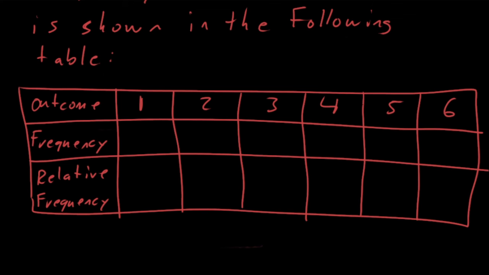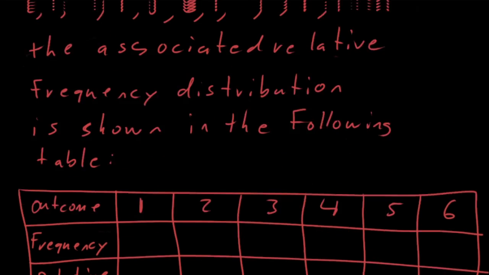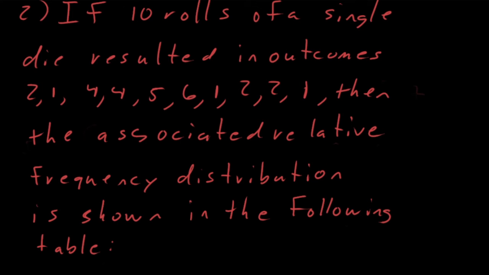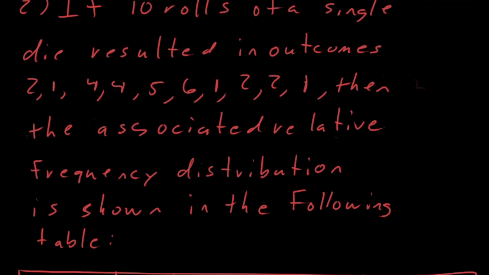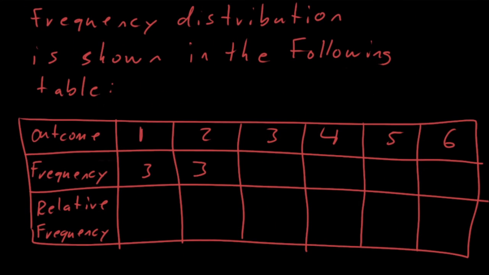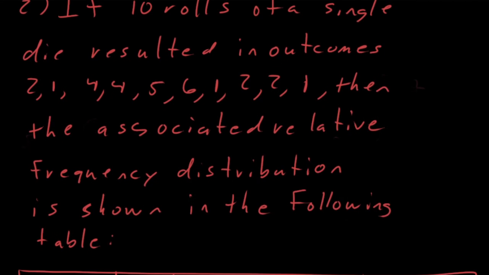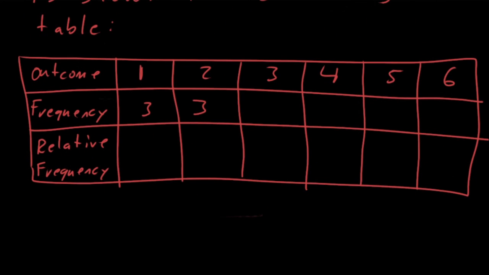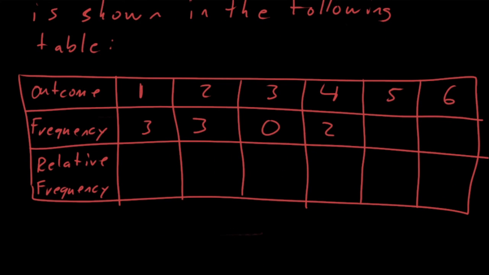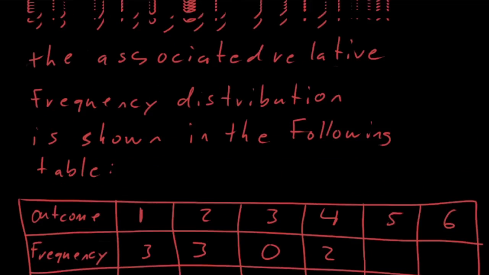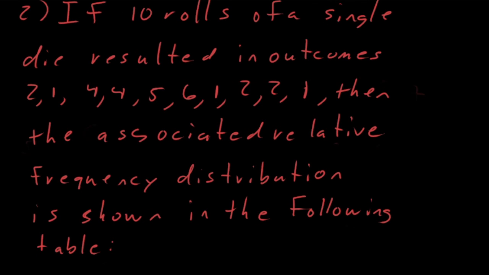The frequency, so let's look at the amount of times 1 occurred. 1 occurred 1, 2, 3, 3 times, right? 2 occurred 3 times as well. 3 occurred 0 times. 4 occurred twice. How many times did 5 occur? 5 occurred once, and 6 occurred once.